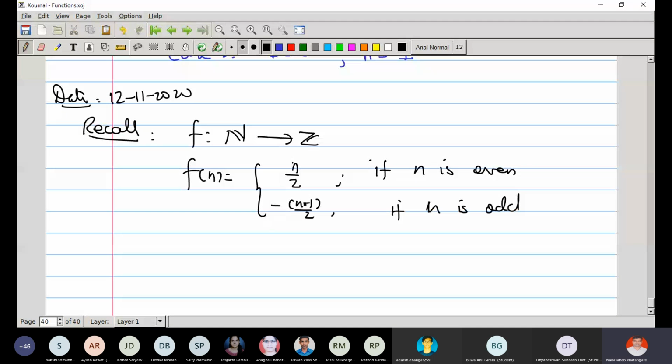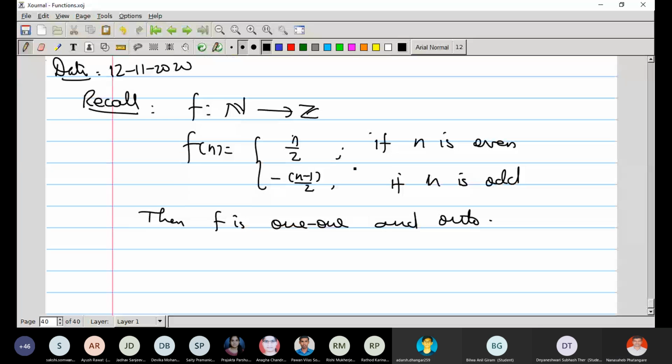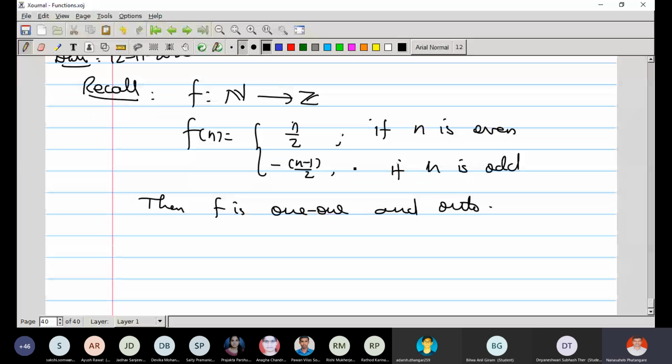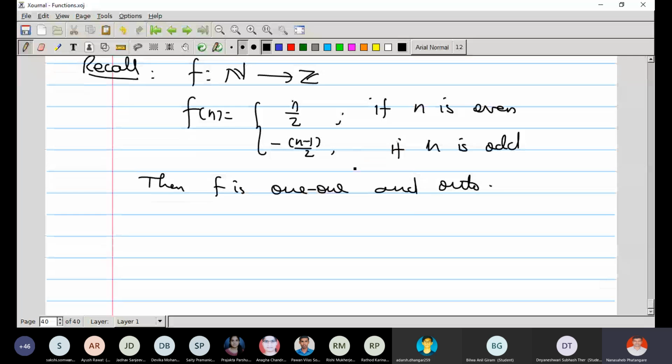Right. And we proved that f is 1-1 and onto. So this function is 1-1 as well as onto. Therefore, there is a bijective function from natural numbers to integers.